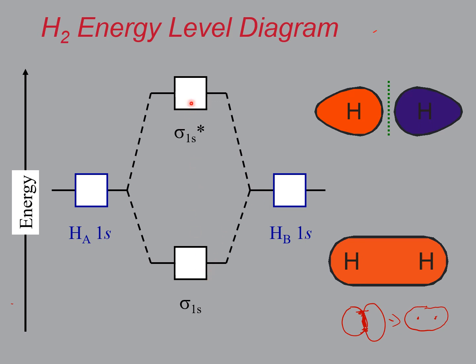But these are the states that are at play now. We occupy them just like we did the atomic states, and the rule is that you can have 2 electrons in any one of these states. Now, hydrogen has 2 electrons, so they would both go in this lowest state. Remember, you start from the lower energy states and work your way up.